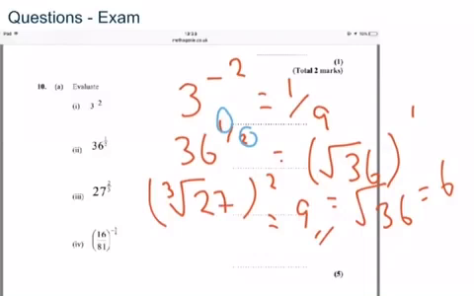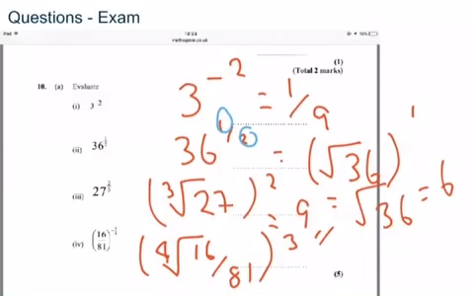So the bottom of the fraction is 4, so we know we're going to take the 4th root of the base, which is 16 over 81, and then we're going to raise that whole answer to the power of the top of the fraction, which is 3.